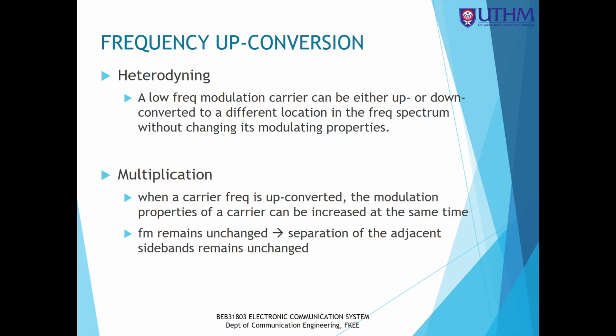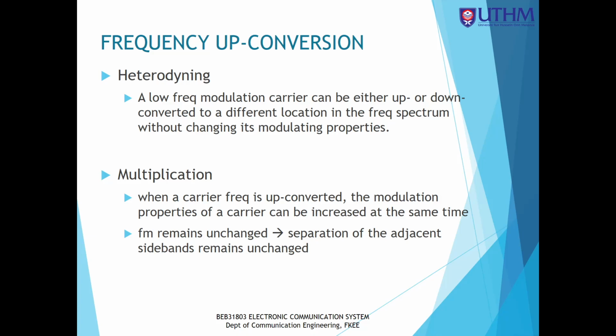Remember, when we mix two signals, we do the multiplication process in time domain, and we produce upper and lower sidebands. We take the upper sideband for the up conversion frequency. Second is multiplication, which means we supply the input to the frequency multiplier to increase the frequency of the input.